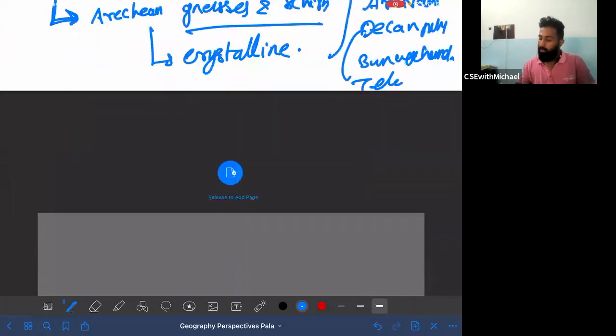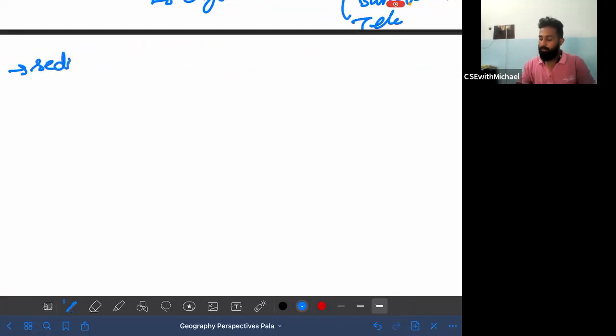On the other hand, you have somewhere the sedimentary rocks. Certain belts are sedimentary in nature. Remember, these regions have been formed primarily by the deposition caused by the erosion of mountainous belts created during the Proterozoic period.